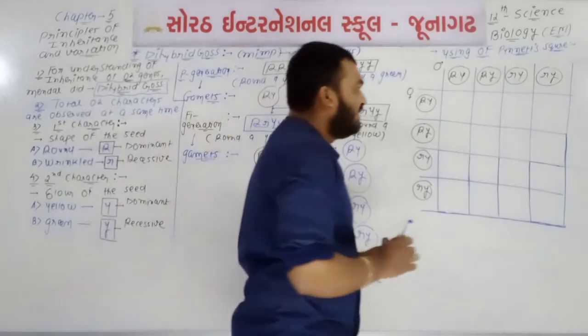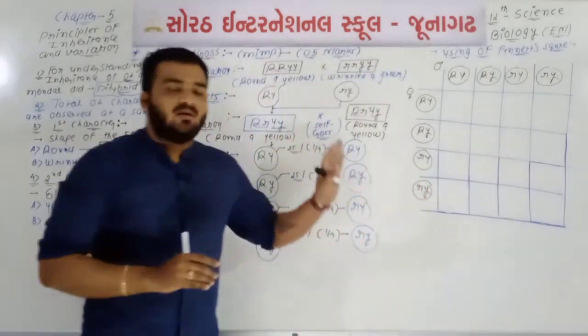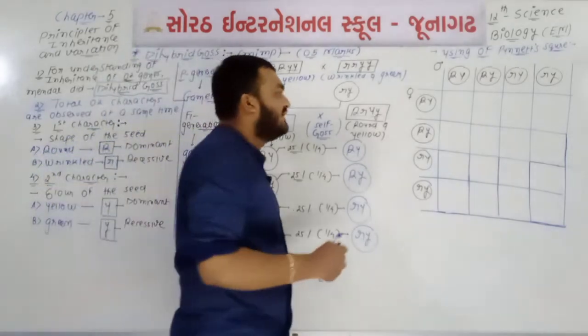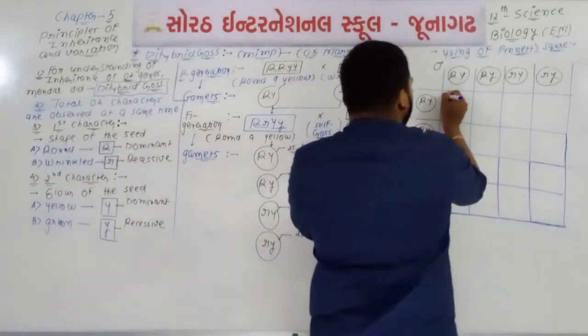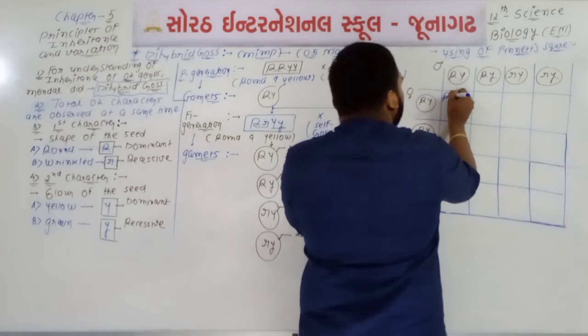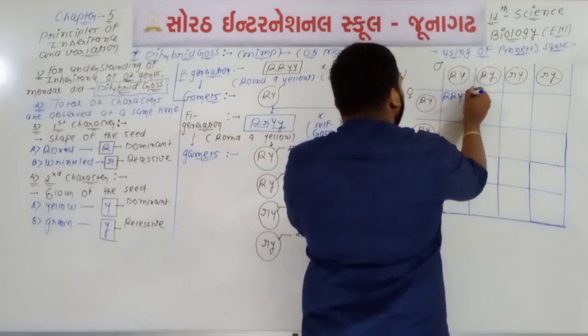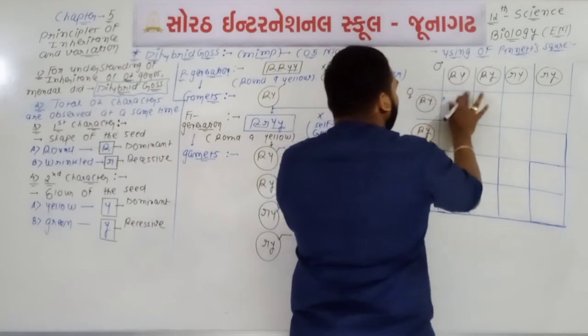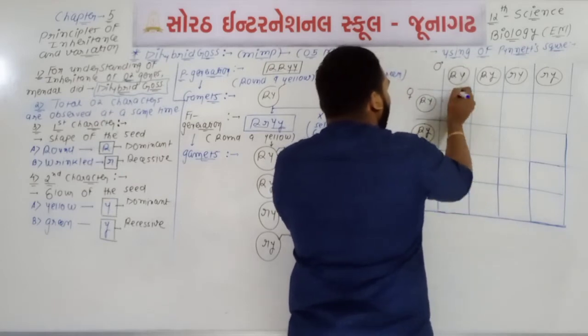Now see, here be very careful, because there are maximum chances of making mistakes here. For this we can say that the first one is capital R, capital R, capital Y, capital Y. Okay. Now, what are the numbers available?